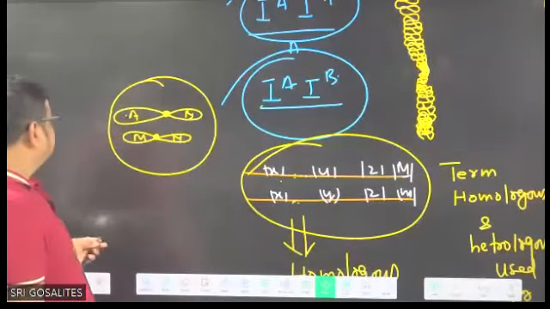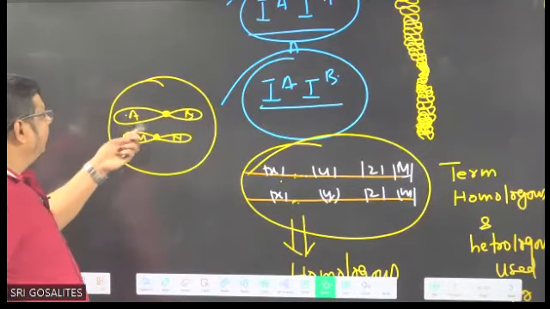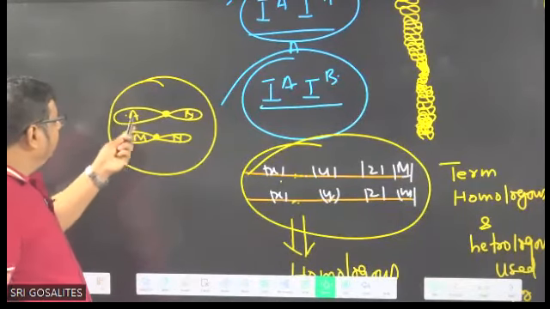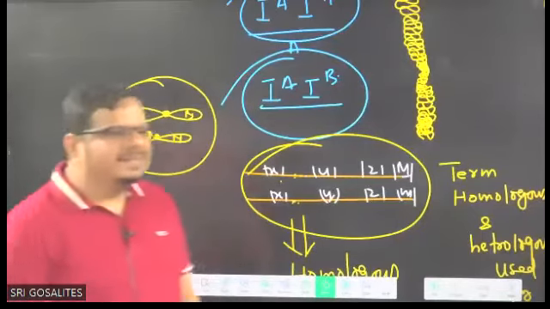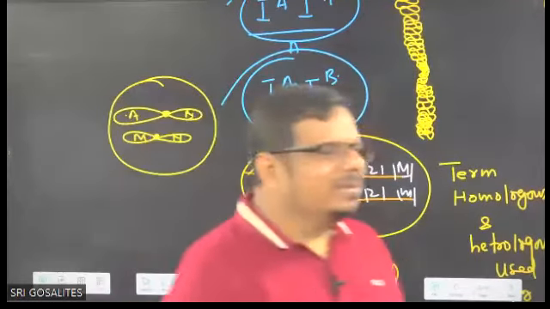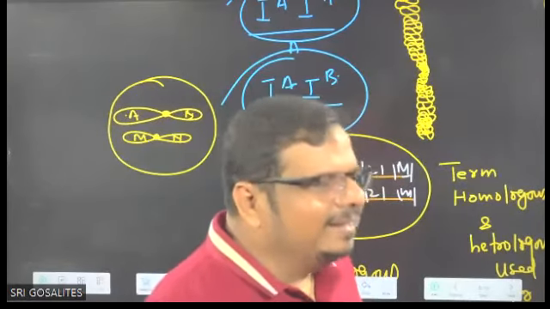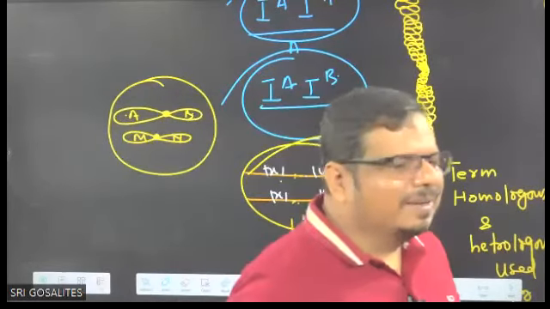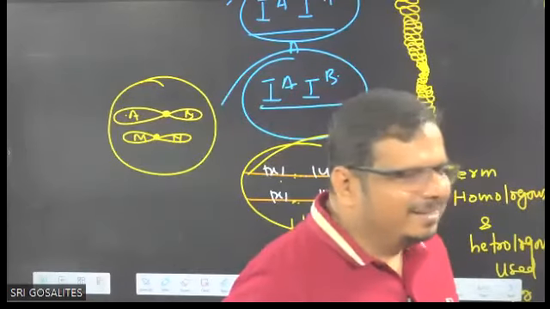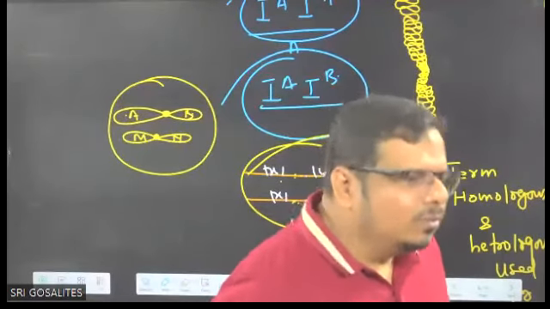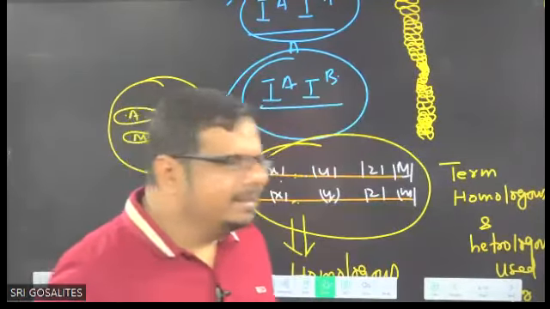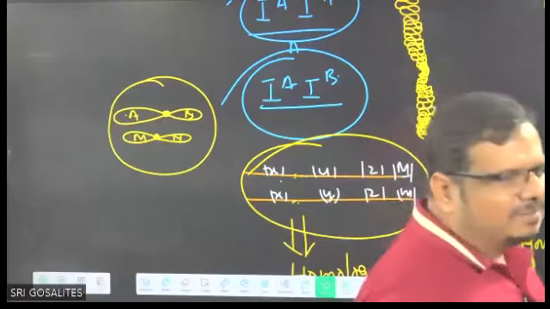Your friend is asking, in place of AB, Mn, if we put AB, does it become homologous? It is not possible to place. Why not possible? Because their length is also different, na? So it becomes a hypothetical question, na? It is never possible. Two different chromosomes having the same gene is never possible.